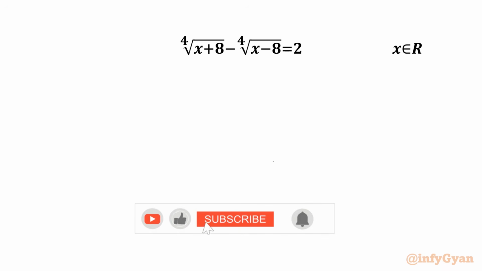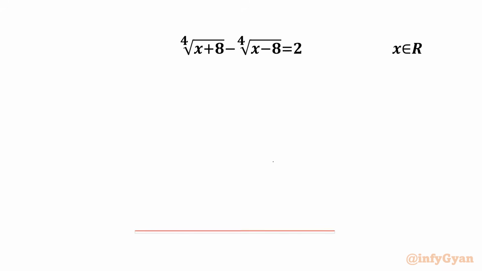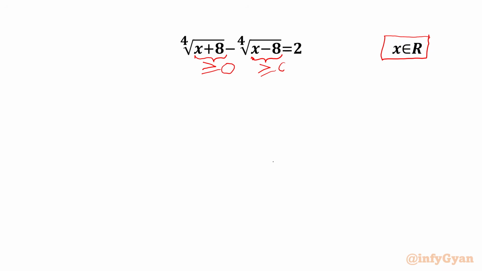In this video, we are going to take up one very interesting radical equation which we'll be solving for the real values of x. So let's get started by writing the domain of the equation first. We have radicands x plus 8 and x minus 8. Both should be non-negative, greater than or equal to 0.